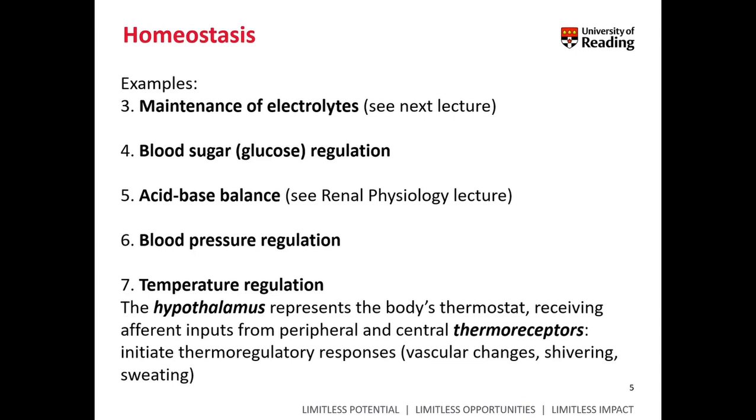If this is too high in comparison to a set value, it will promote behaviors and autonomic reactions to dissipate heat, while if the temperature is too low, it will trigger behaviors and autonomic reactions to maintain heat, to avoid its dissipation.